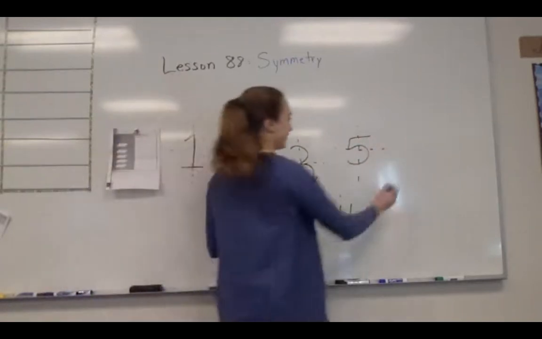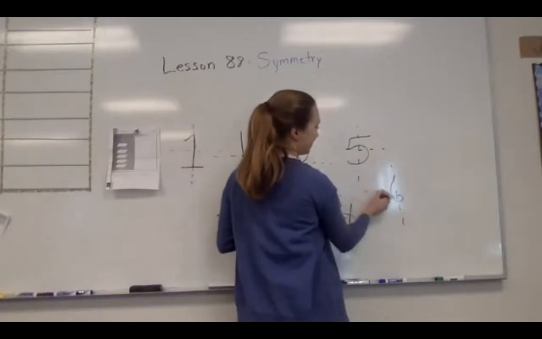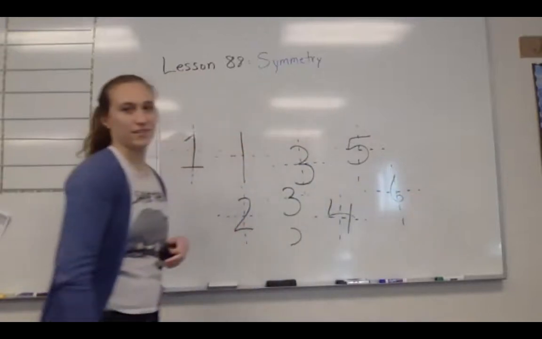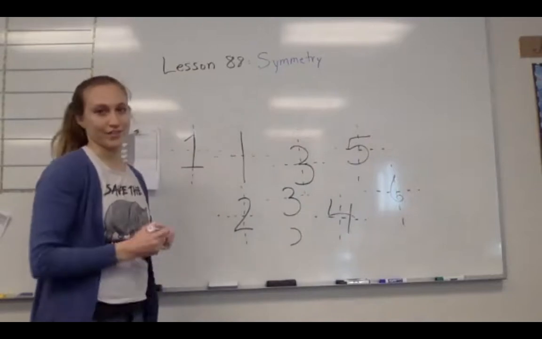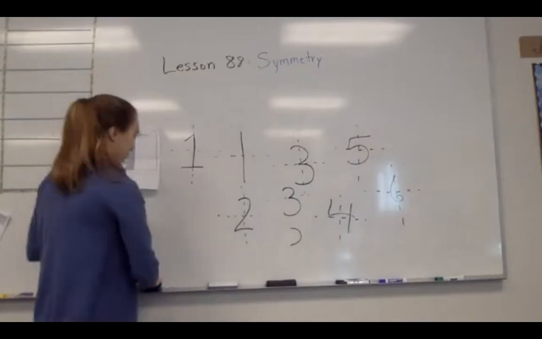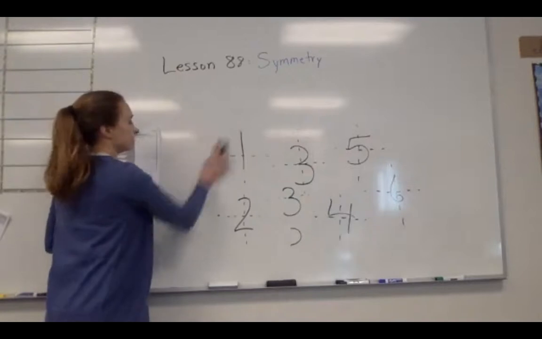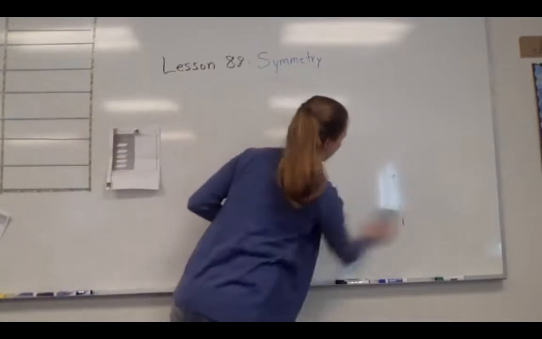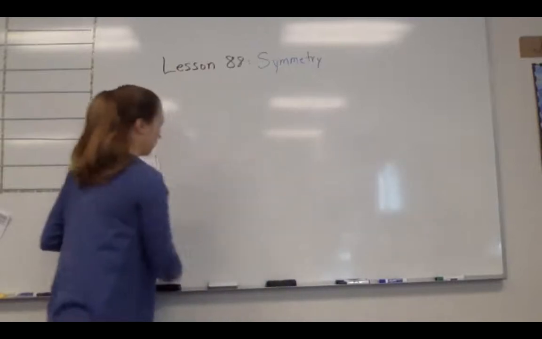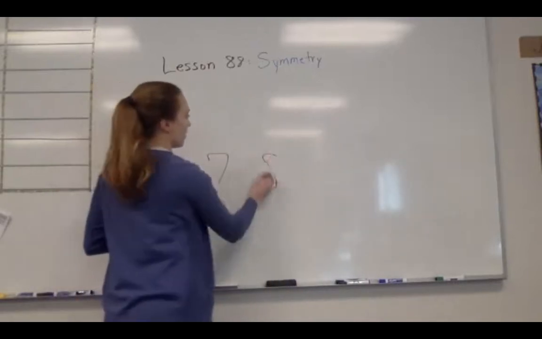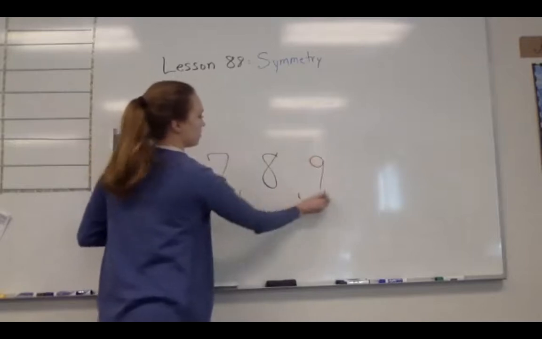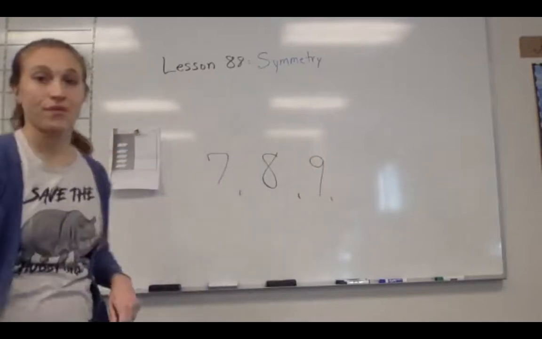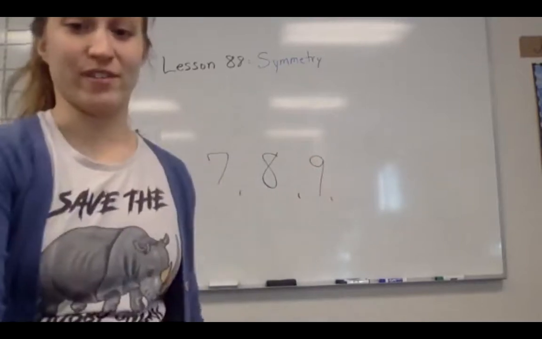Yes or no? 6. Those are all no's if you're waiting for me to answer for you. You can't divide those evenly. Go ahead. You have 7, 8, and 9. You can do those on your own. One of them is, and 2 of them aren't, if that helps you.